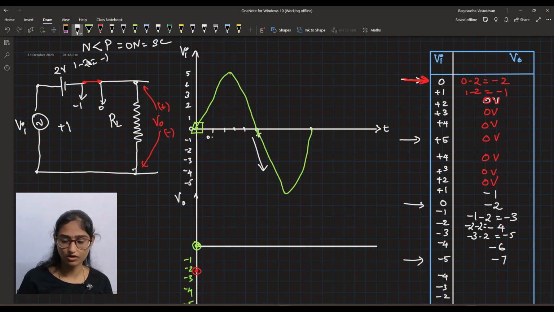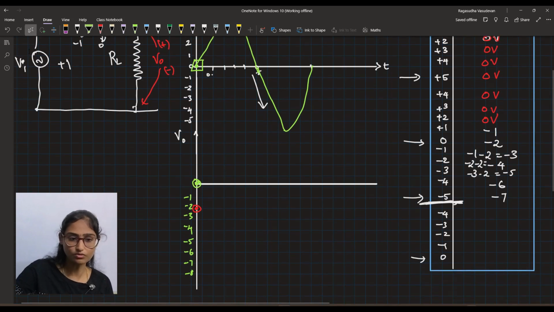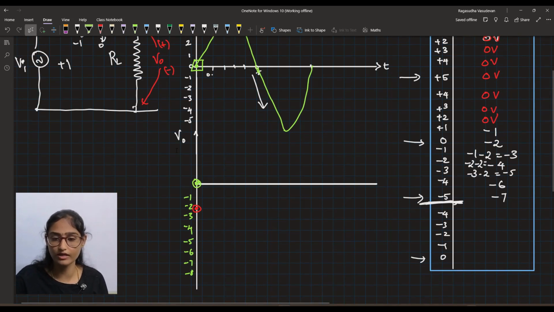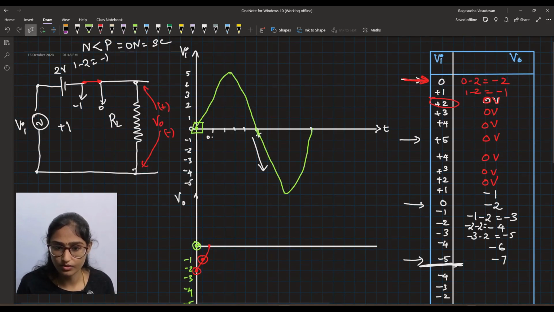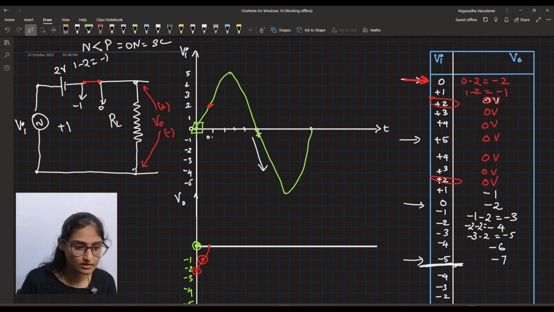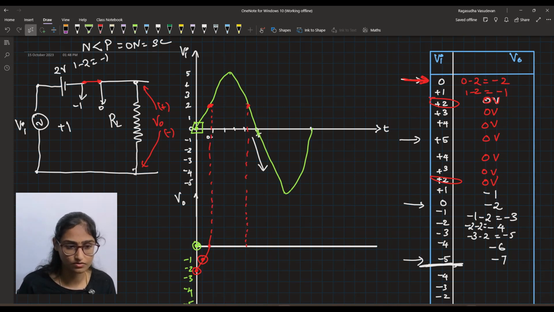Okay, I'll draw all these for now. Up to this, I'll draw the waveform. So first, what will be V0? It will be minus 2. I'm just putting these tabular column values into this graph. From Vi equal to 2, that full cycle, from here to here, the voltage will be 0.